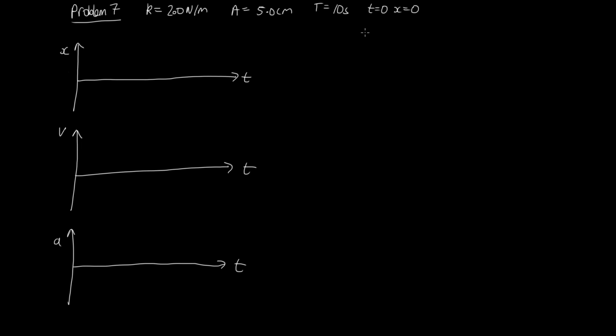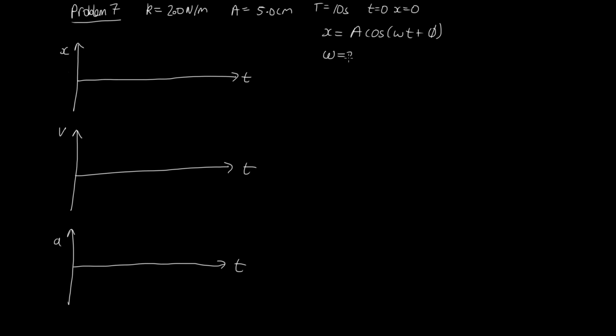Now for something undergoing simple harmonic motion, we know that the displacement can be described by the equation x is equal to A cos(omega t plus phi). So what we'll want to do is work out what each of these things are. Now the amplitude we've already been told, so we'll need to work out omega.